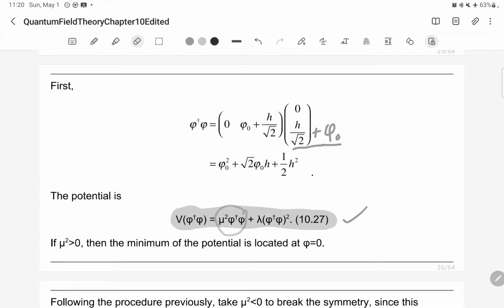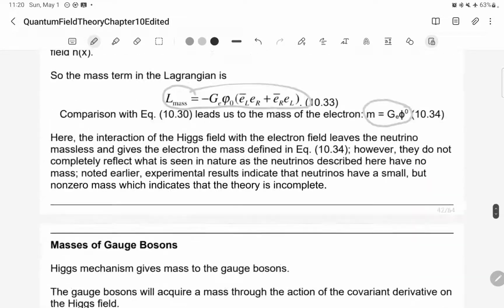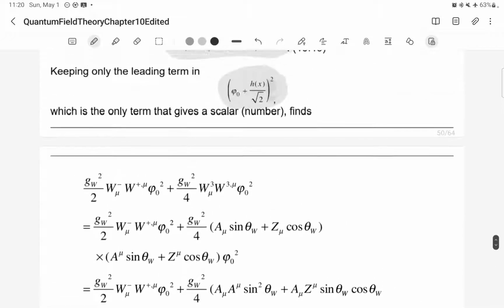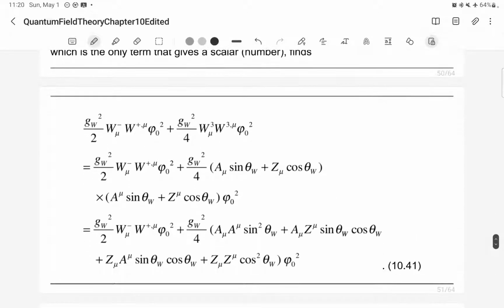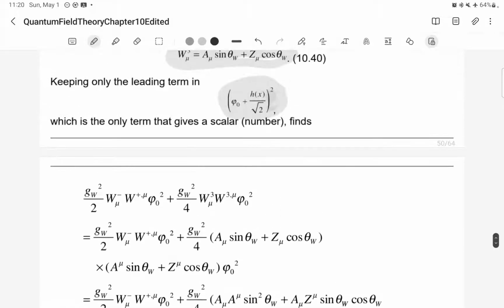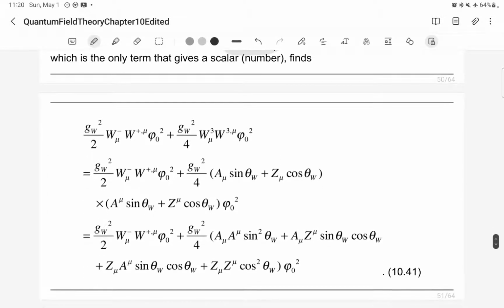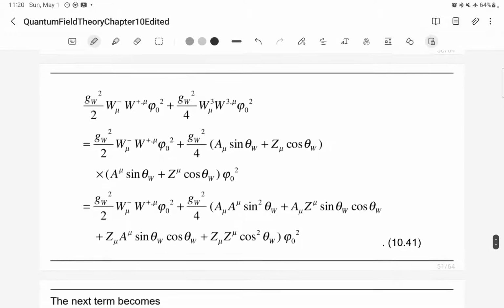We just look at this term because this does not include h. So we have now this one.